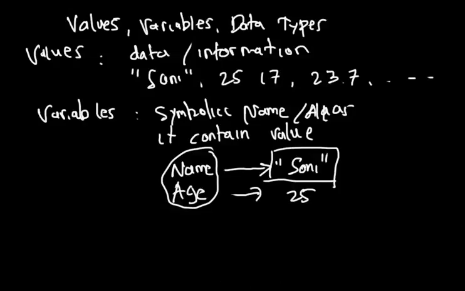So if a variable contains a value, then why do we need a variable? Why don't we use a value directly? Okay, here is the thing. A variable age, for example, first it refers to a value of 25, but we can also change it, so now it refers to a value of 26.